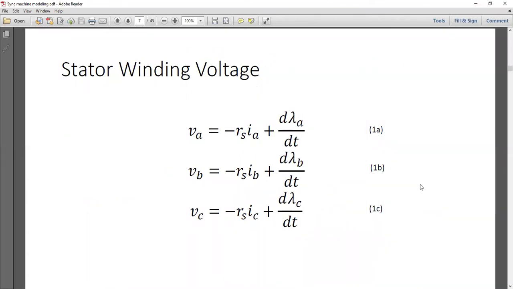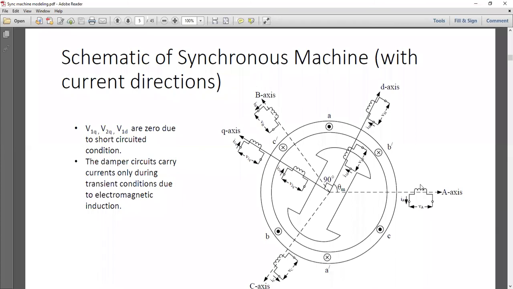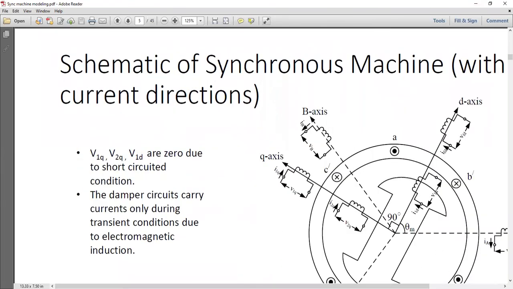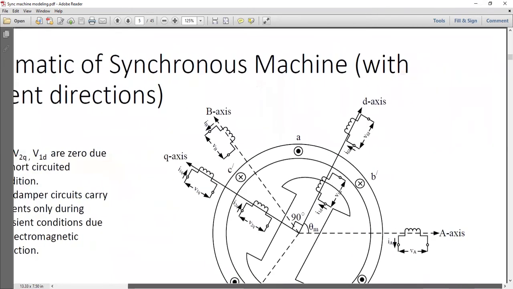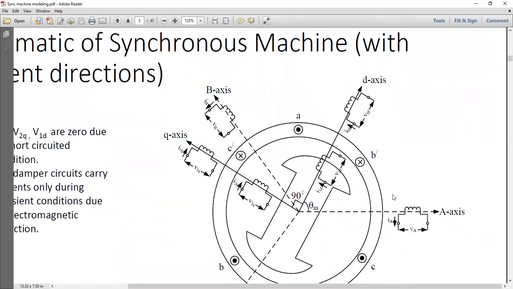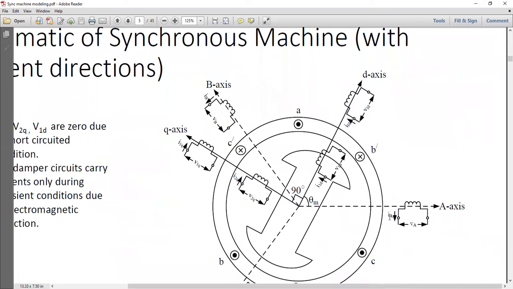So if you look at the windings carefully, let me zoom in for your convenience. If I am looking for the equation of voltage here, what would be the voltage? Within the coil, of course, you can't expect a purely inductive coil. There is some internal resistance, internal losses, and you can't ignore that.